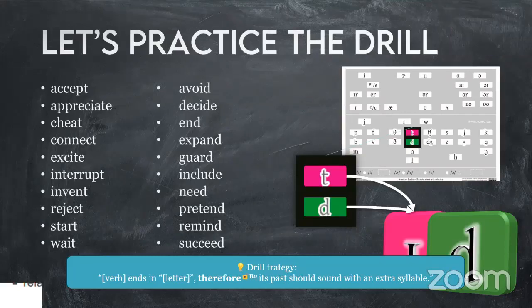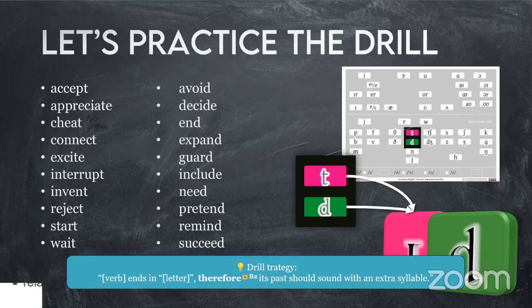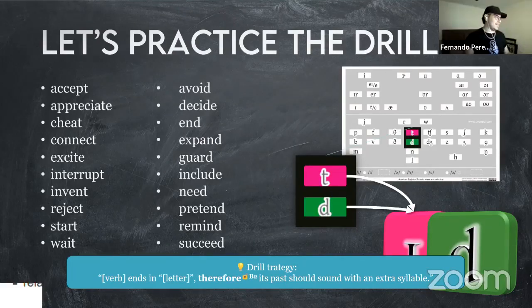Again. Cheat ends in T. Therefore, its past should sound with an extra syllable. Cheated. Fantastic. Very good. That's an extra syllable. Good job. Here's the sound. Cheated.